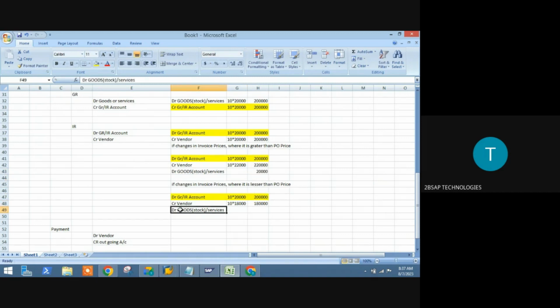For the stock value, is it going to be debit or credit? Credit.